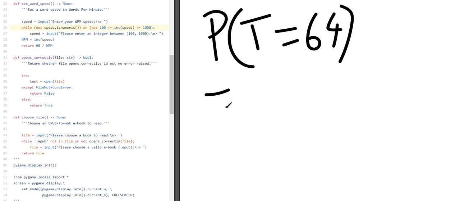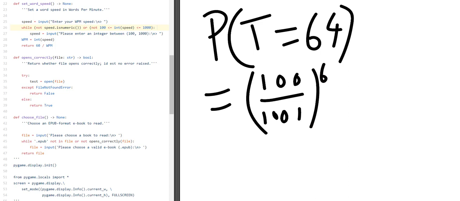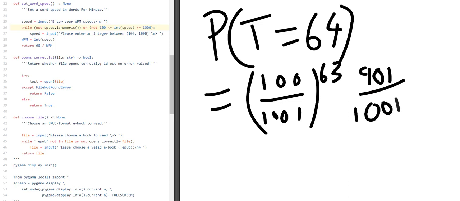Well, this is going to be when you pick 100 out of 1001 63 times, and then finally on the 64th time you pick one of the 901 out of the 1001 things.